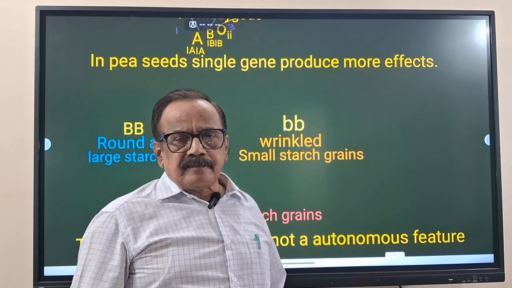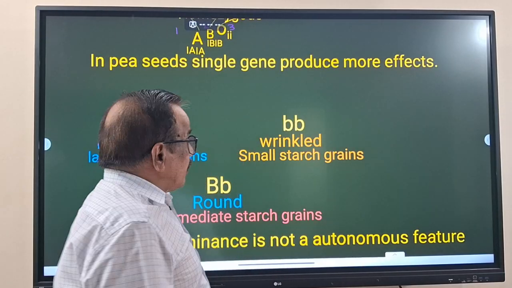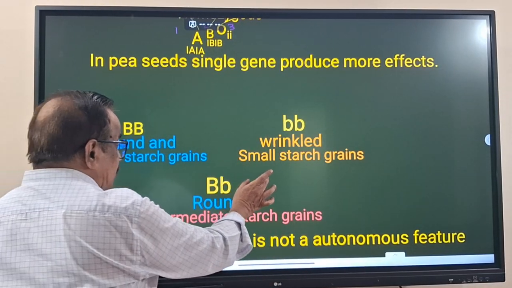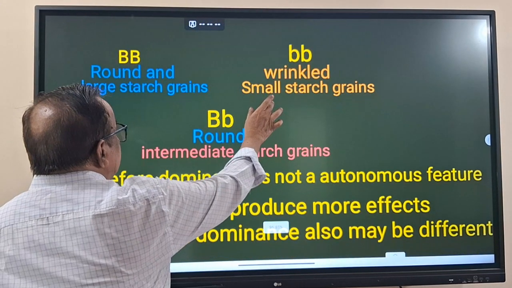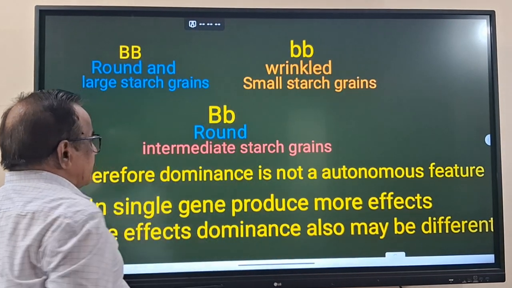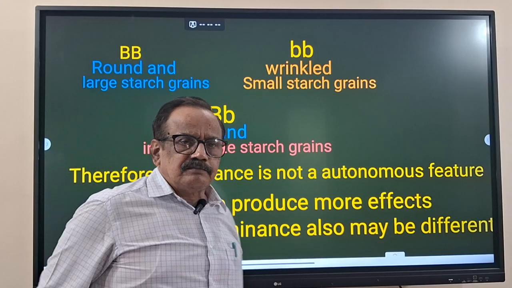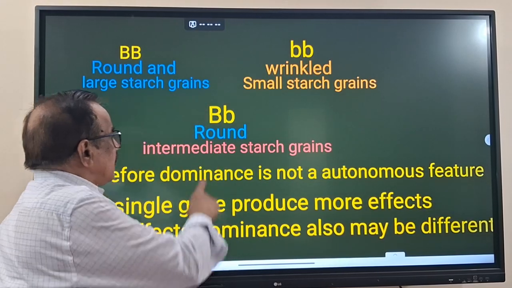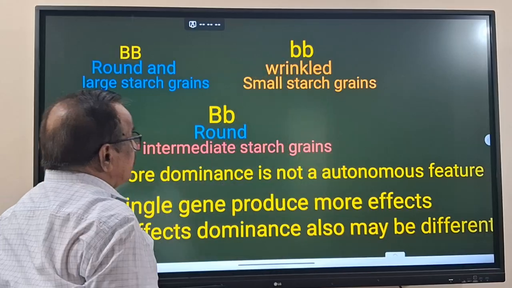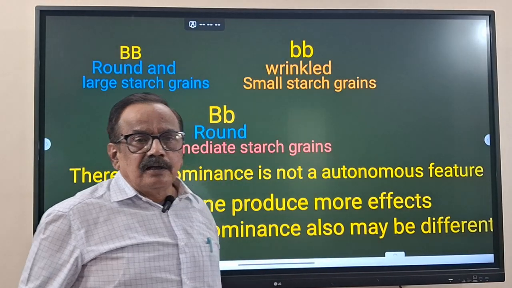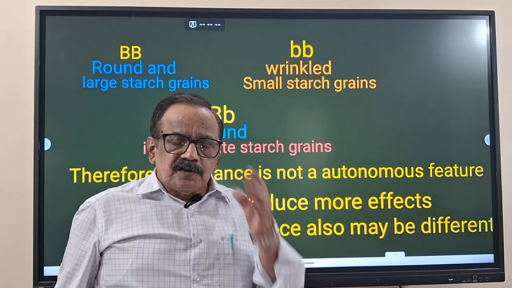Now whenever we cross these, in the F1 generation, capital B, small b comes in the heterozygous condition. Here the problem will come. Capital B is dominant over small b, so round seeds will come.